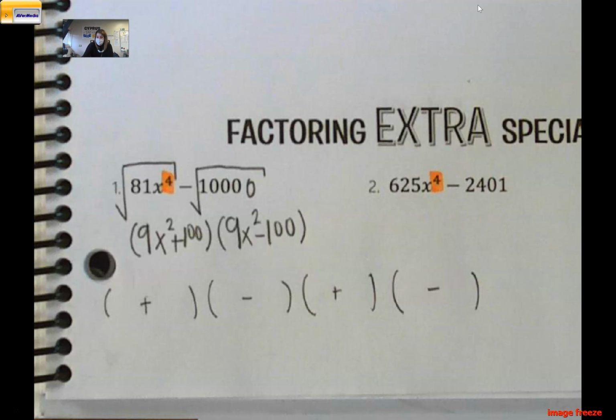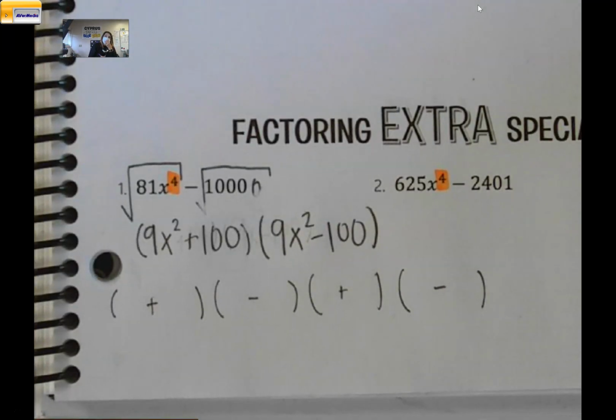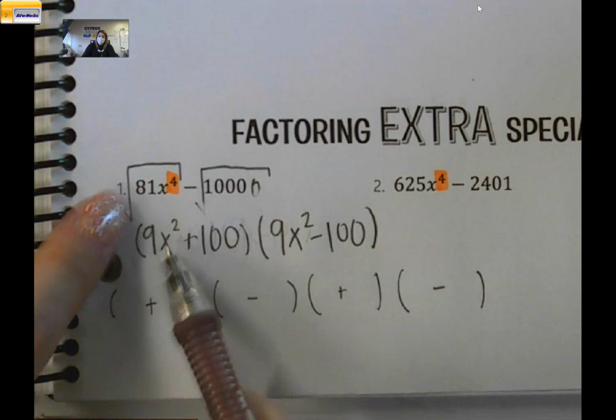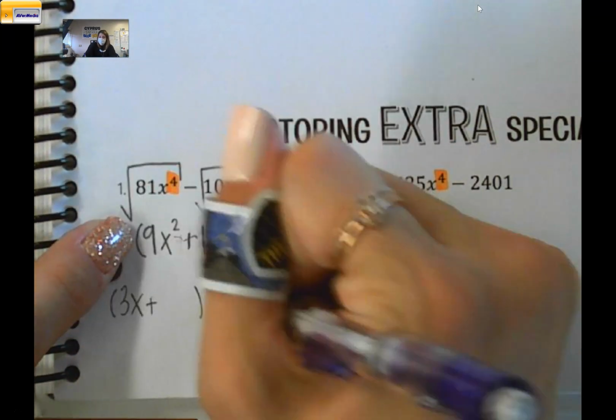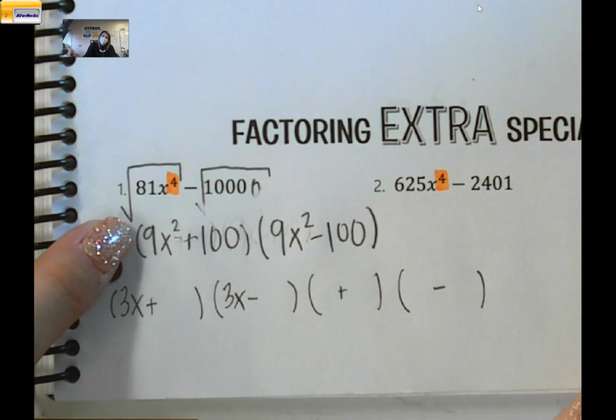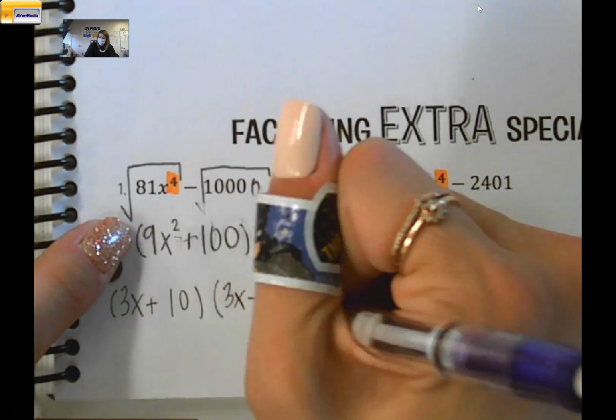And now I'm hoping that what you see is that you have 2 more special binomials. So these will factor 1 more time. So 9x squared goes to 3x. 100 goes to 10.